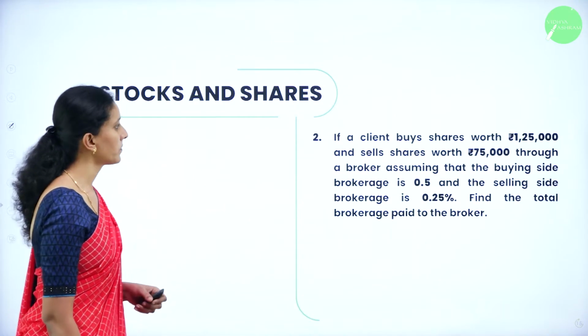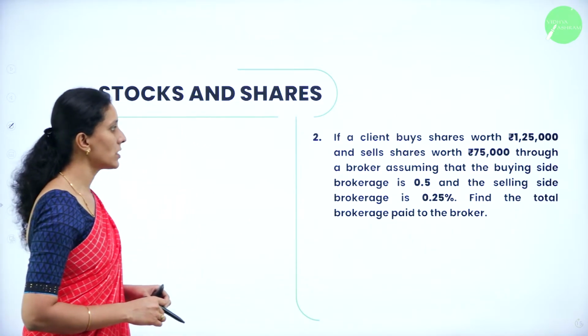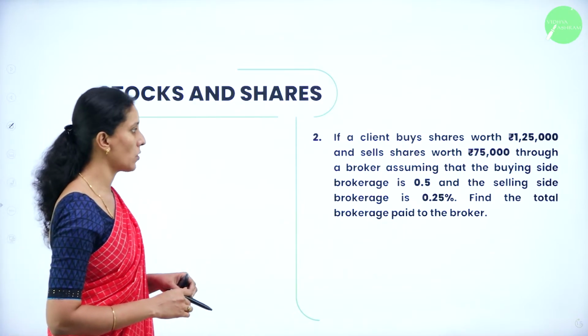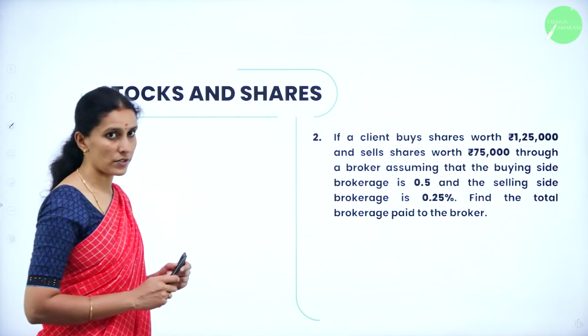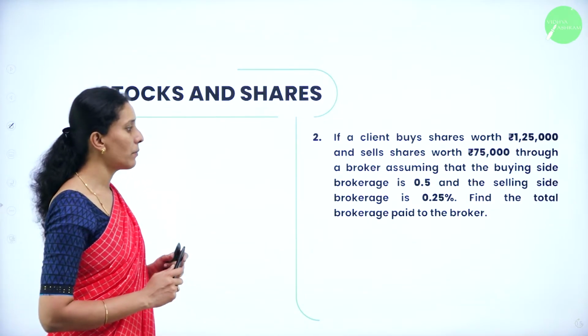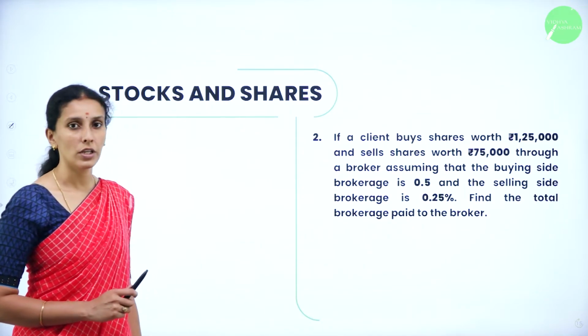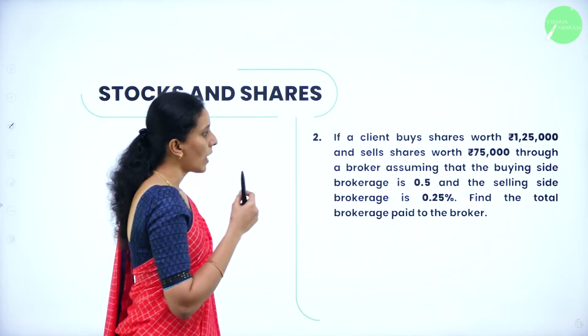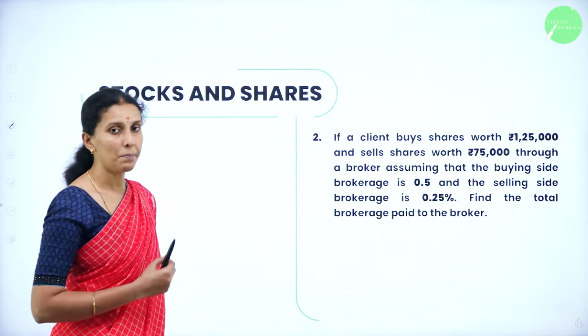Next question. If a client buys shares worth rupees 1,25,000 and sells shares worth 75,000 through a broker, assuming that the buying side brokerage is 0.5 and the selling side brokerage is 0.25, find the total brokerage paid to the broker. So he is buying shares and selling shares with the help of a broker.